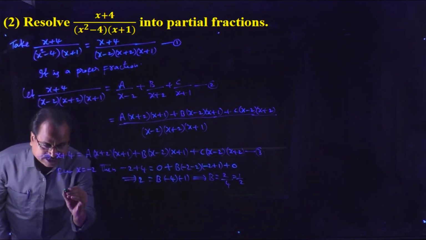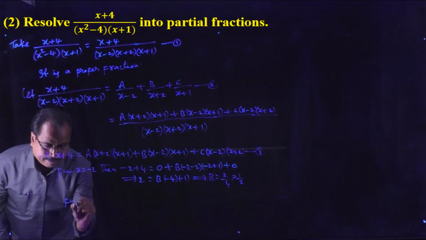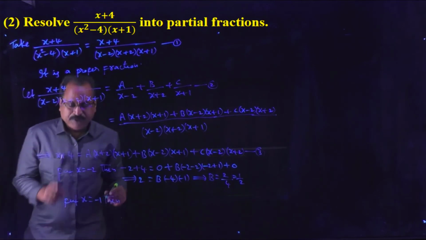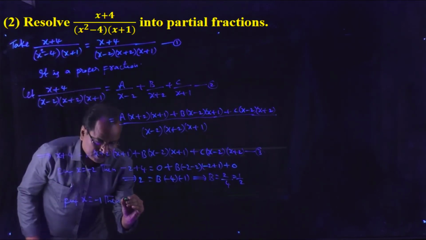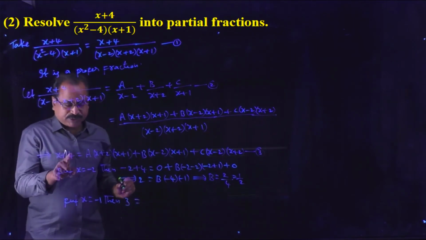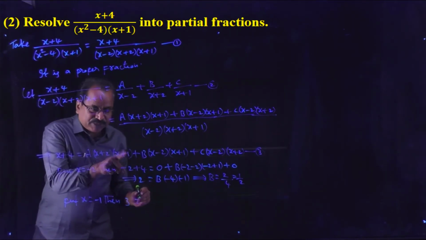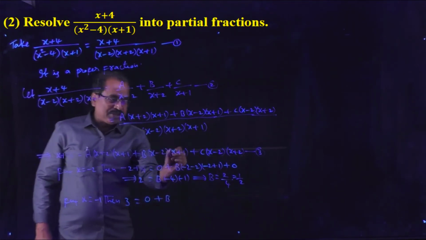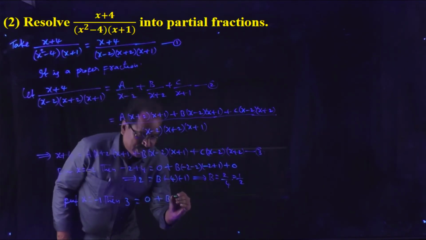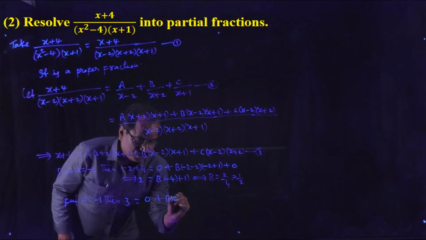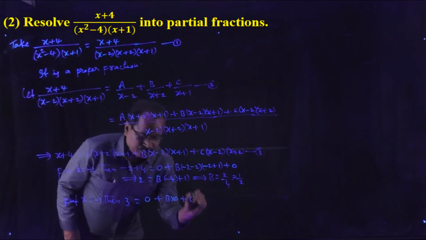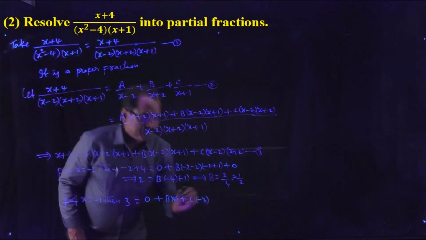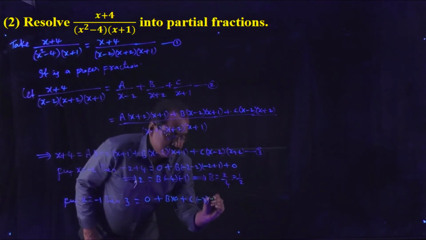Next, put x is equal to minus 1, then minus 1 plus 4, that is equal to 3. Here minus 1 plus 1 is 0, plus b into 0, minus 1 plus 1 is 0, 0 into something is equal to 0, plus c into (minus 1 minus 2) into (minus 1 plus 2), that is minus 3 into 1.